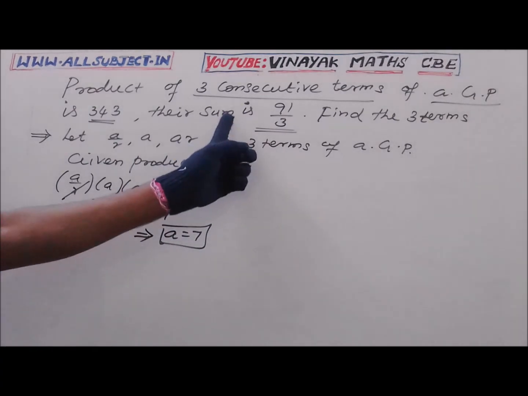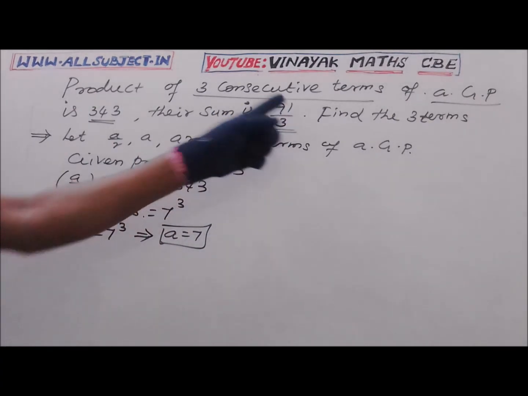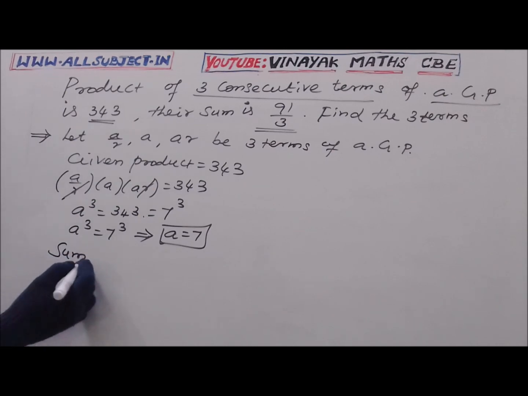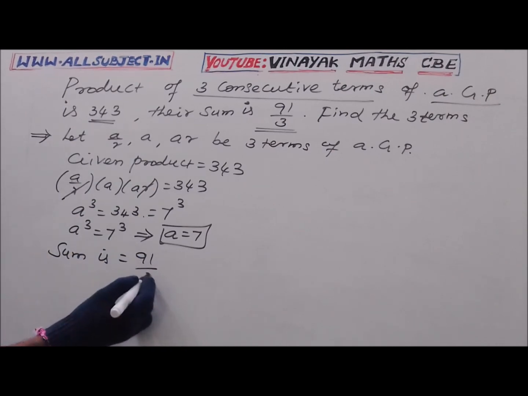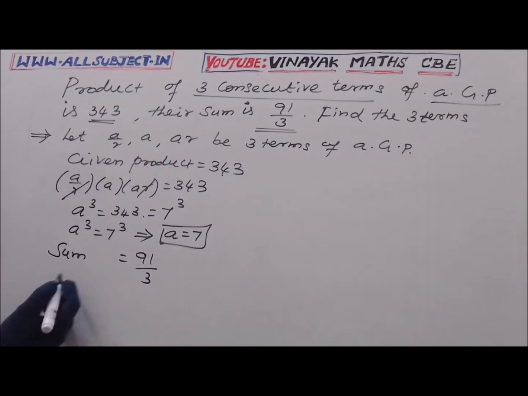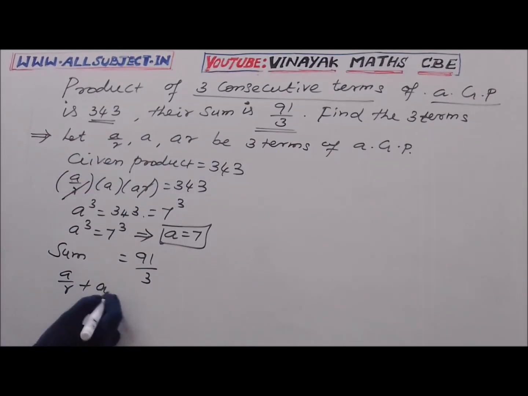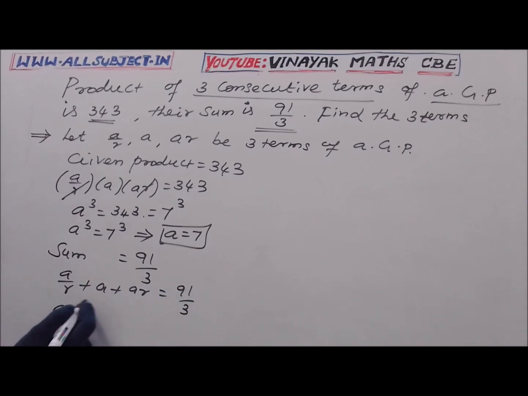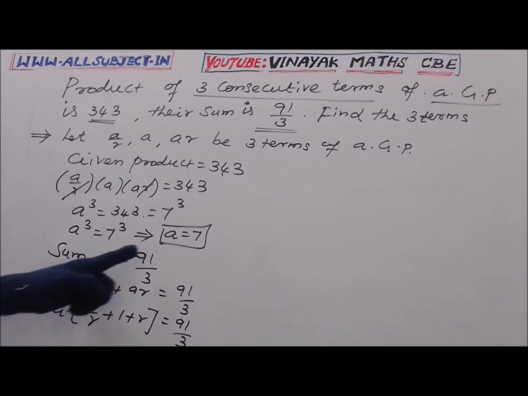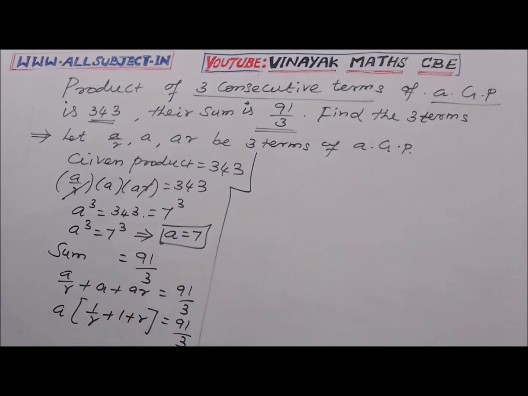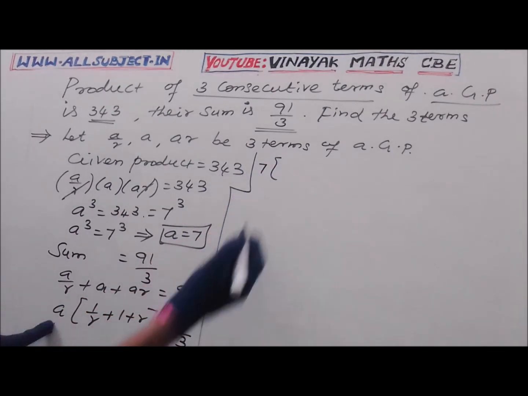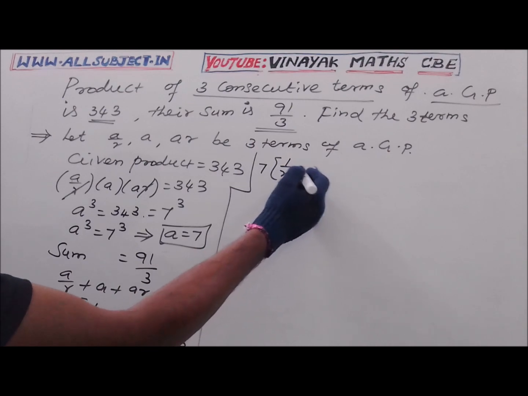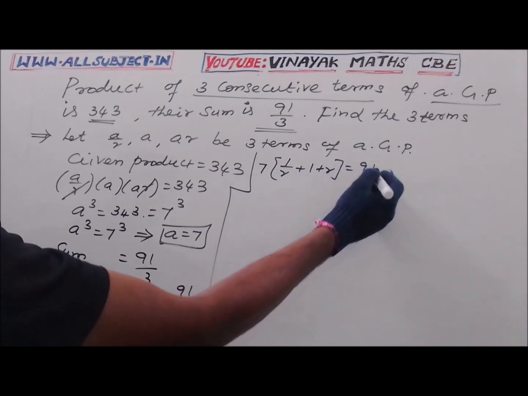Now by the second condition, the sum is 91 by 3. So adding these 3, A by R plus A plus AR equal to 91 by 3. Taking A as common, 1 by R plus 1 plus R equal to 91 divided by 3. Now substituting A equal to 7, we get 7 into 1 by R plus 1 plus R equal to 91 by 3.